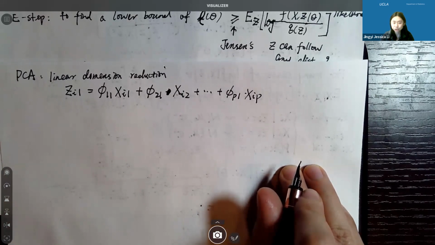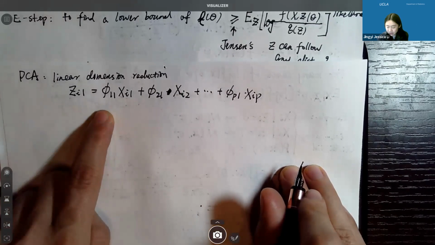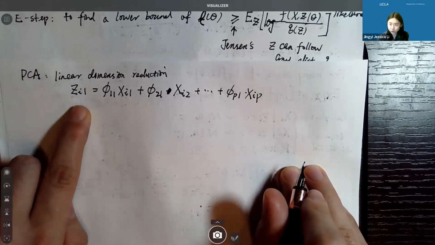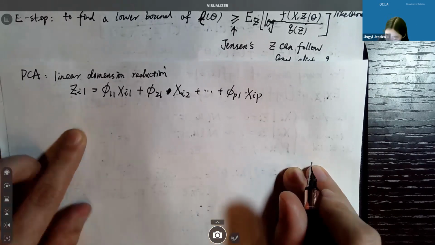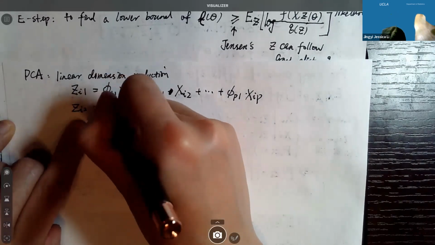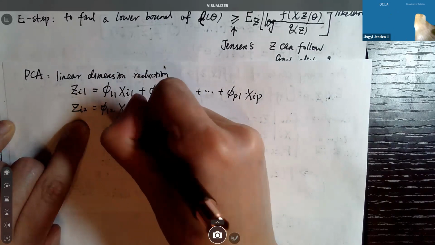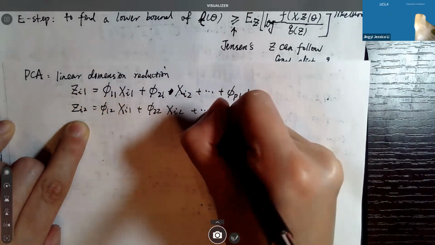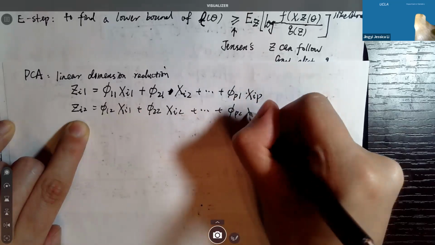And I give each dimension a coefficient called phi something 1. The first sub-index in phi indicates the dimension. The second sub-index indicates that I'm talking about my new dimension 1. So if I have the second dimension, I will write phi 12 xi1 plus phi 22 xi2 plus phi p2 xip.